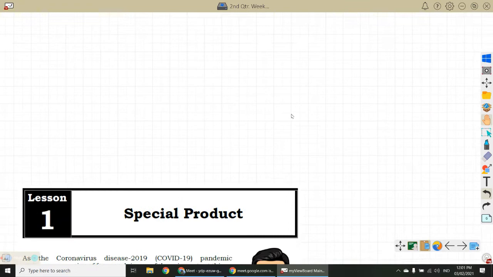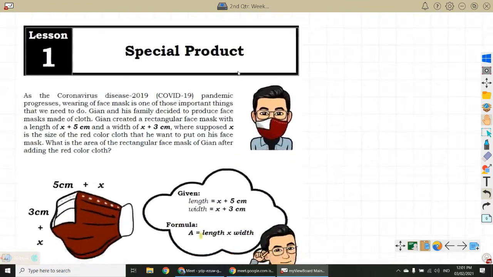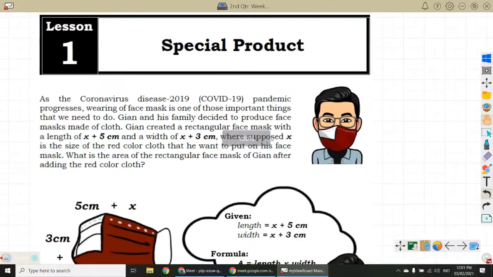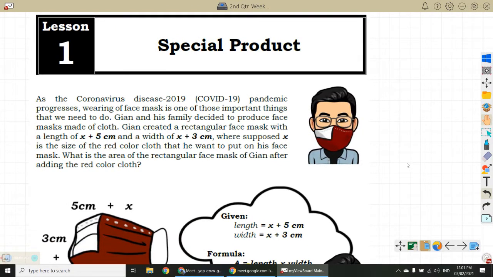Special products. So, I have here the introduction. As the coronavirus disease in 2019 or COVID-19 pandemic progresses, wearing of face mask is one of the most important things that we need to do. We have here the person, his name is Gian.